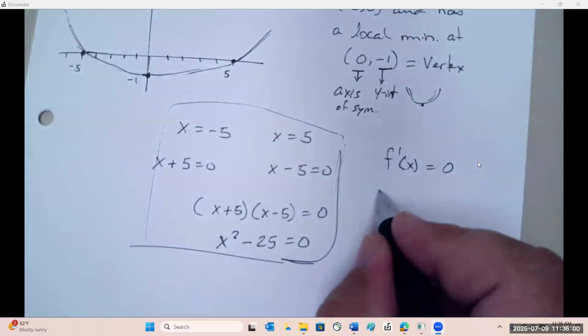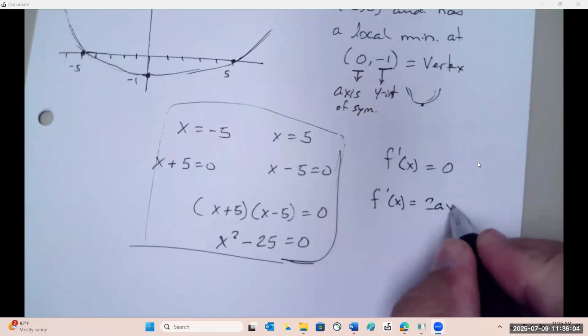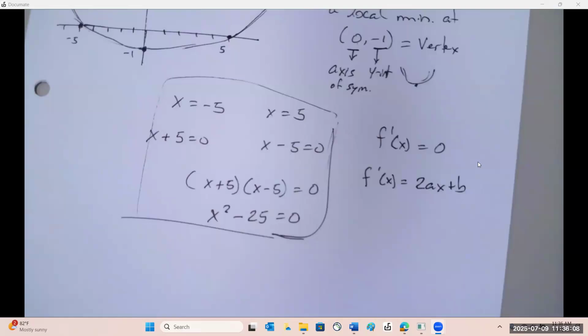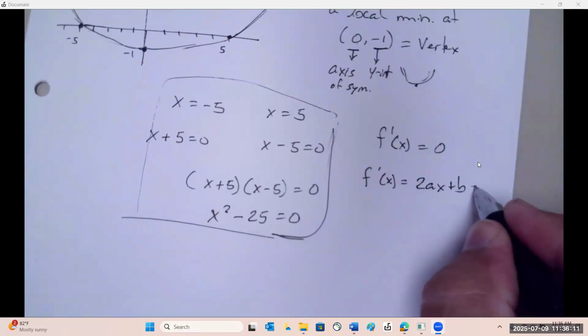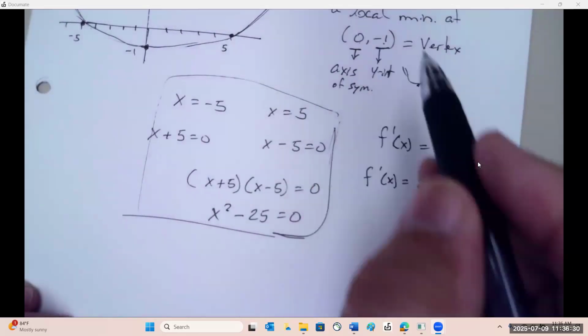So that means we take the first derivative of our function and set it equal to 0. So what's that going to find for us? Remember, it's the y value.